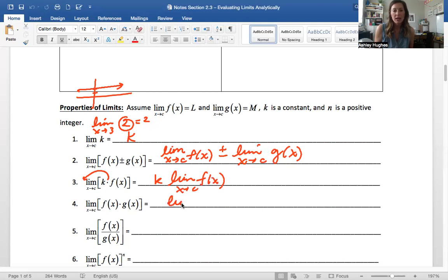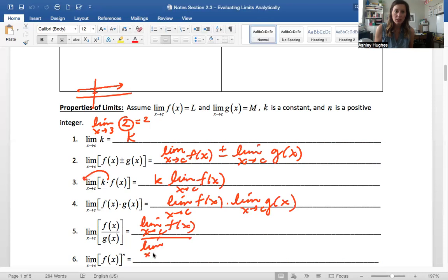This, you can multiply the product of the limits times one another. This will make more sense when we see it in examples. This one is the same. You can divide the limits by one another. And this one is you can find a limit and then raise it to the n power. And so those are just some limit properties.